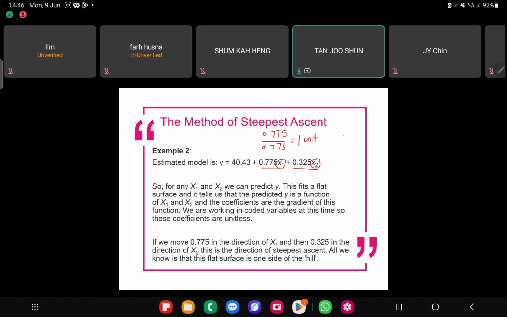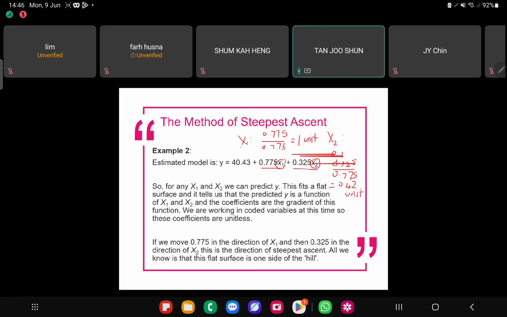For factor 2, you use 0.325 divided by 0.775, then you will get 0.42 units.